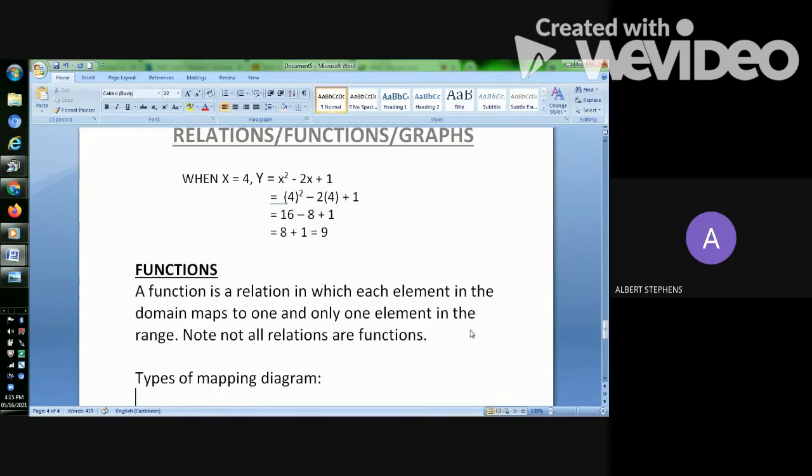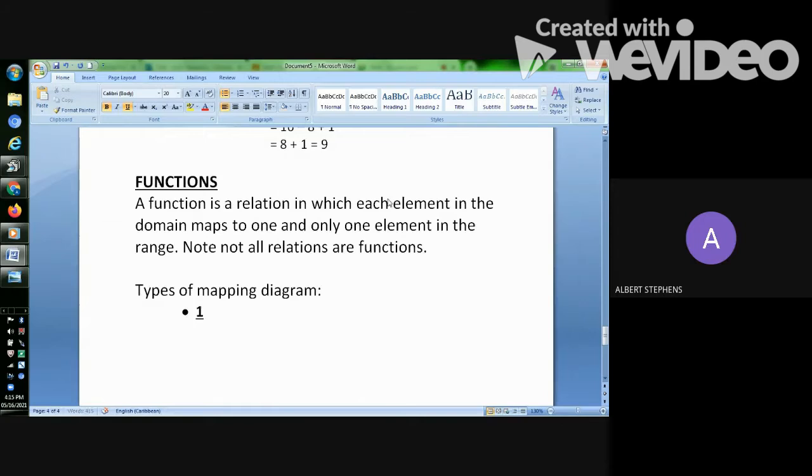So we have what we call a one-to-one mapping diagram, which is a basic one. One-to-one mapping diagram.